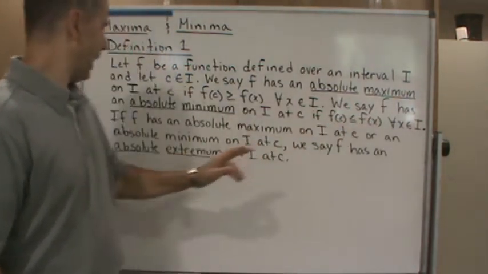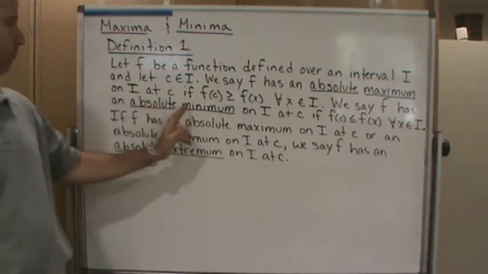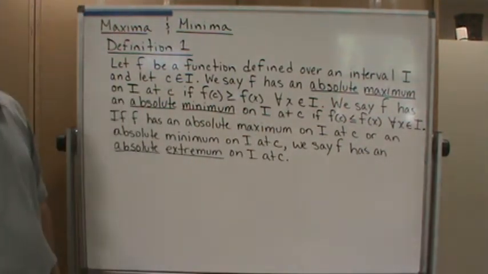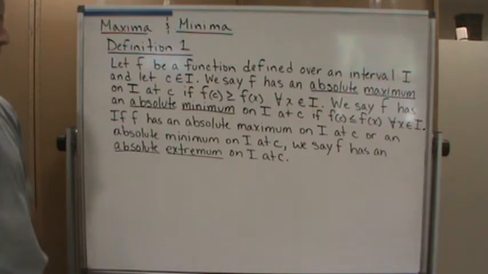We say f has an absolute minimum on I at c if f of c is less than or equal to f of x for all x that are elements of I. Okay, again, that's the definition of absolute maximum and absolute minimum.